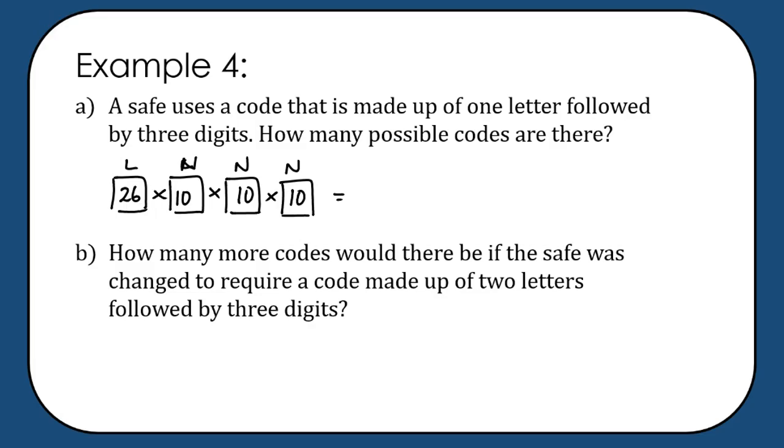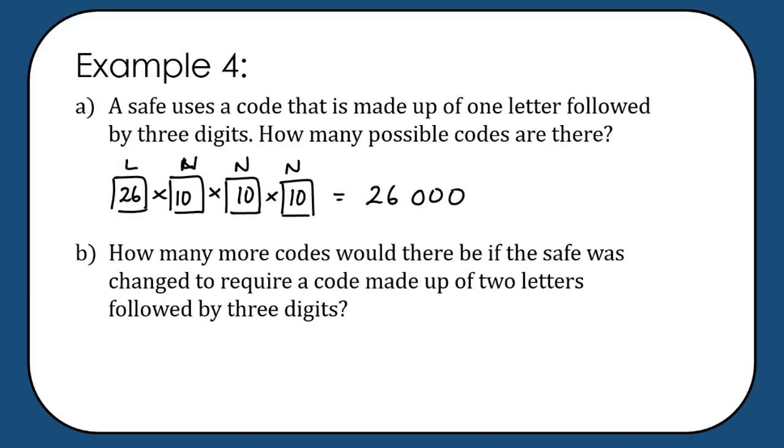If it said that it had to be 3 different digits, then there'd be 10 options for the first digit, only 9 remaining for the second digit, and only 8 remaining for the third digit. So 26 times 10 times 10 times 10 is going to be 26,000 different safe codes.